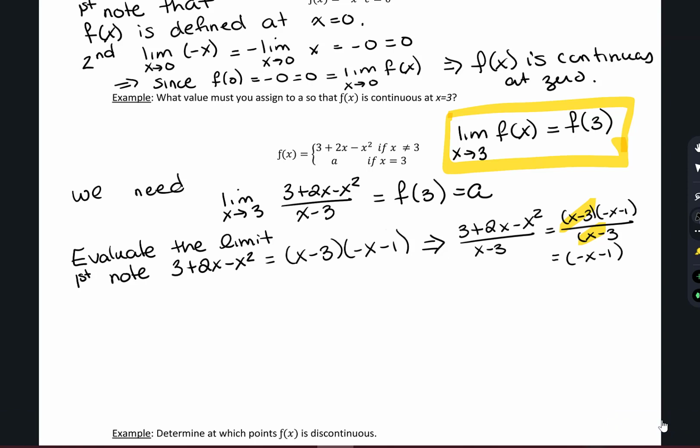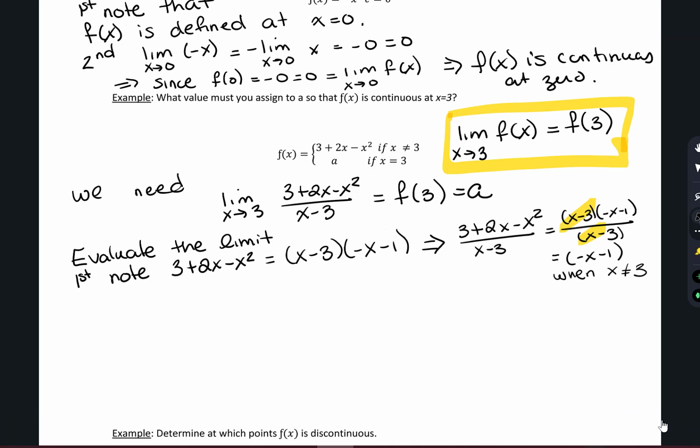The reason that we can cancel that x minus 3, and this is an important piece here, is because we're interested in the limit as x approaches 3, not x equal to 3. So we say when x is not equal to 3.